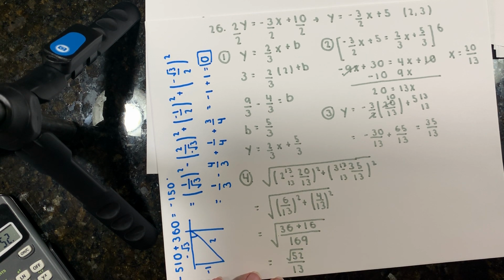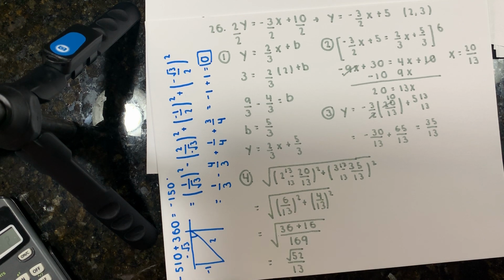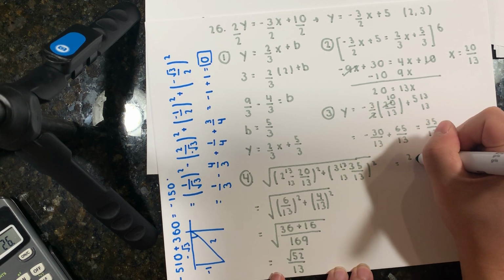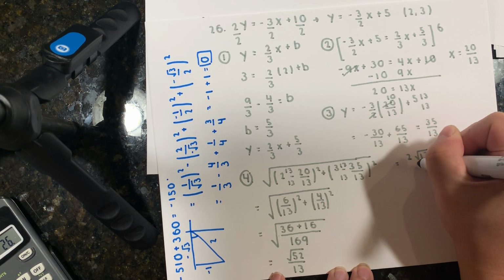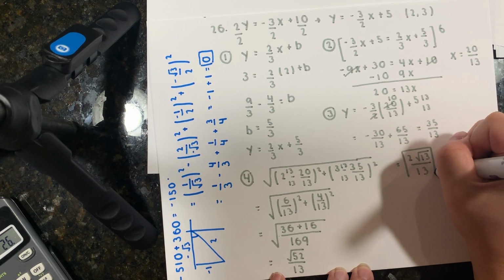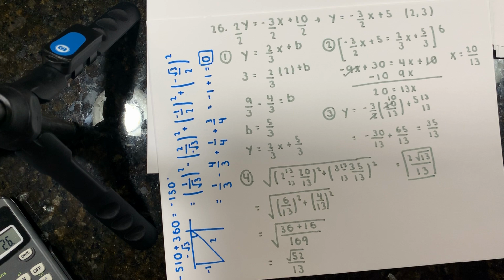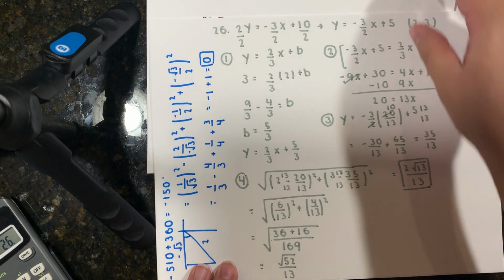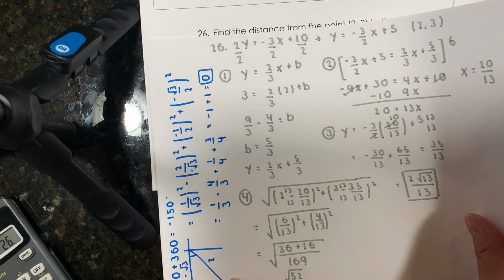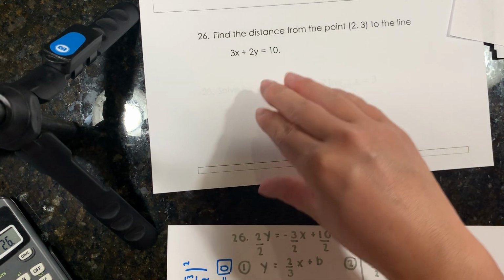And then the square root of 52 would simplify to 2 square root 13, over 13. And that would be your result. So that is a long problem, number 26. Tedious, long problem to get to 2 root 13 over 13.